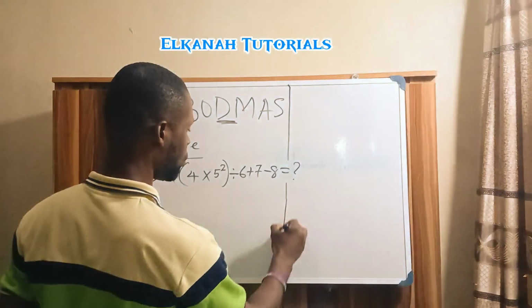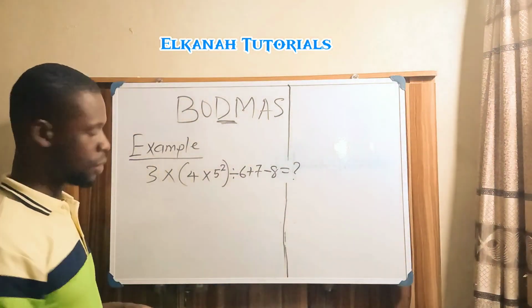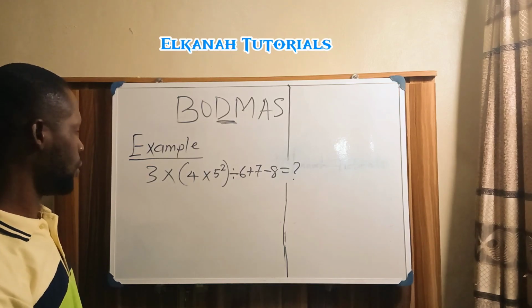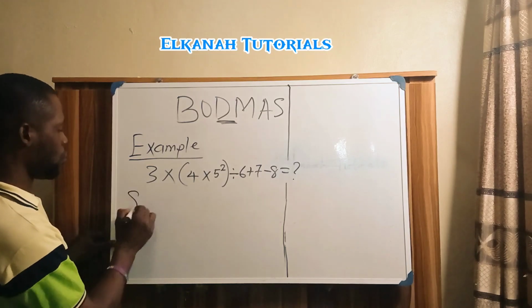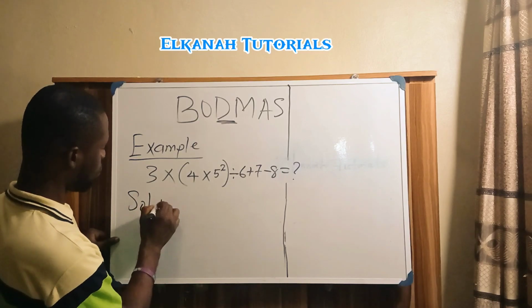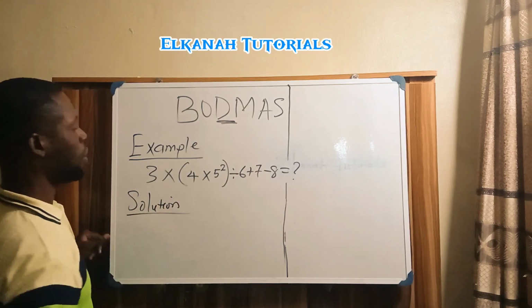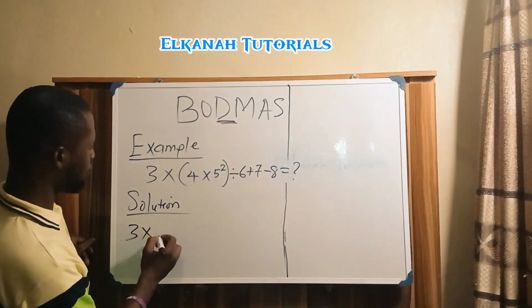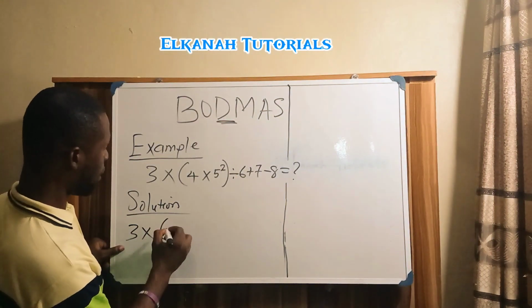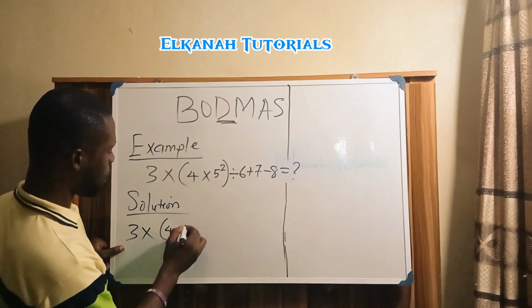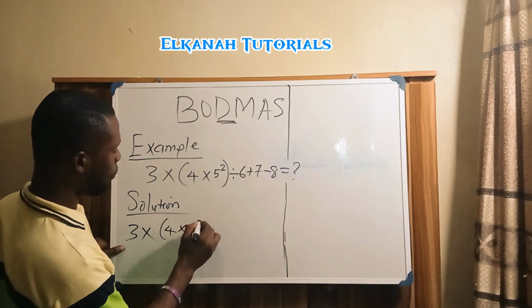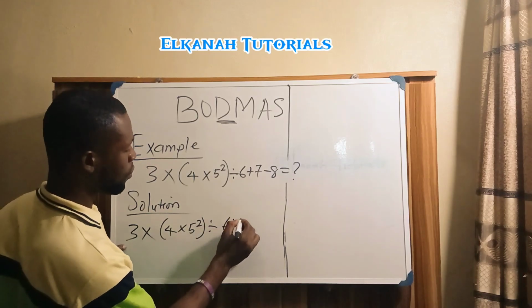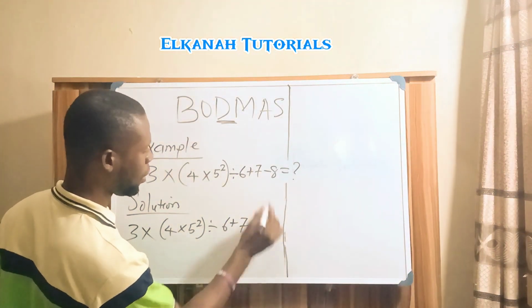In this equation that you are faced with, the first thing that you are going to do is this. You write your solution, and then you rewrite the equation back. 3 times bracket open 4 times 5 raised to the power of 2 bracket close divided by 6 plus 7 minus 8.